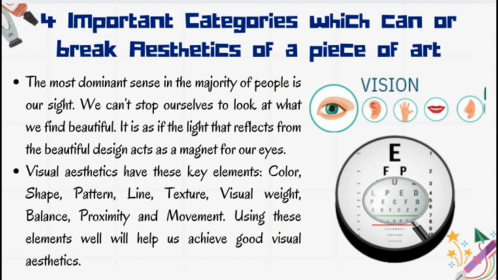Using these elements will help us achieve good visual aesthetics. For most people, vision is the strongest and most used sense. We are naturally inclined to look at things that appear attractive or beautiful, such as the color, shape, pattern, and line.